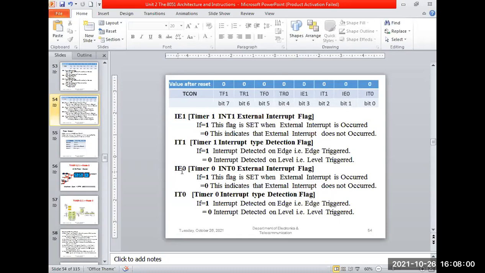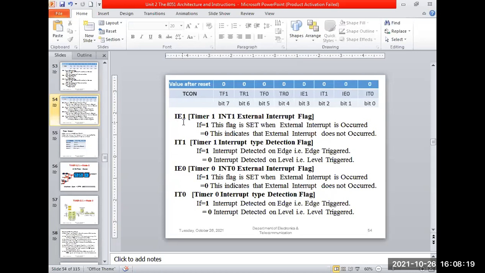If IE0 is equal to 1, INT0 will be enabled, and when IE0 is 0, the external interrupt will be disabled.